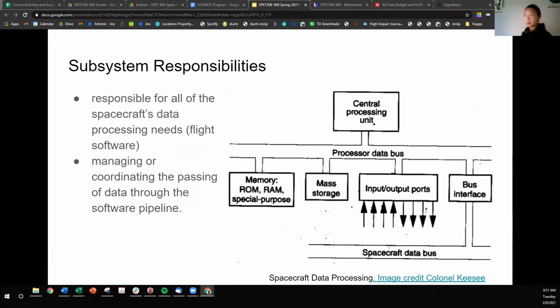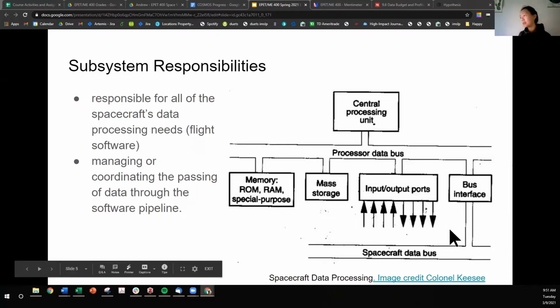Other subsystem responsibilities include processing the spacecraft data, and that happens in the flight software. Another responsibility is managing or coordinating the passing of data through the software pipeline, for which I have an image of this pipeline here.